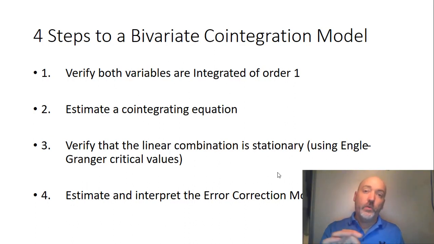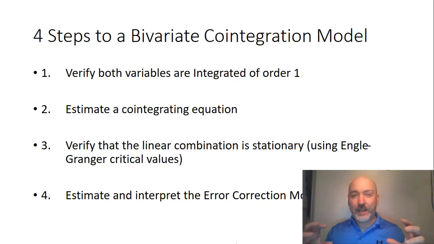Step number 2, we estimate the co-integrating equation. This is going to be that linear combination of our typically non-stationary variables. Then, once we have this linear combination, the most important step, we need to verify that it is itself stationary. It acts as a long-run point of attraction over time.